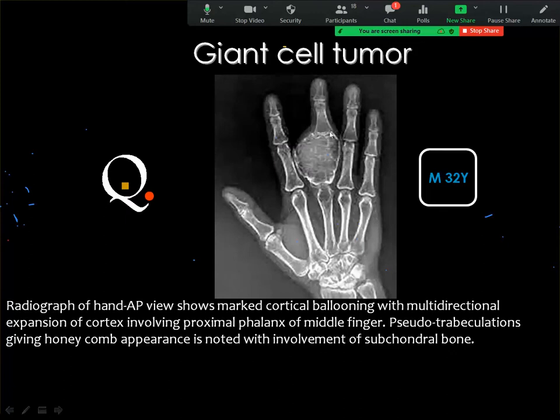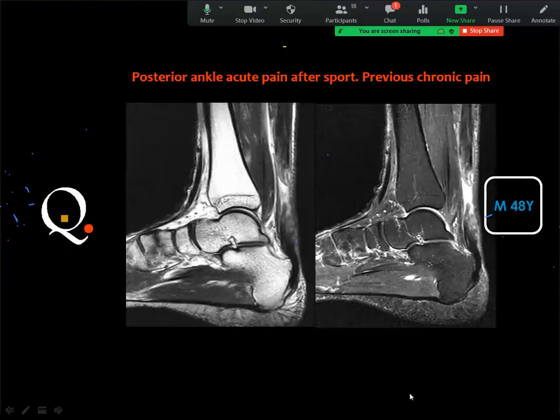The giant cell tumor may contain some trabeculae inside, but actually I went through the literature and I could not find a single criteria that can differentiate between enchondroma and giant cell tumor. So in cases where the age is above the age of epiphyseal closure, then you may consider also giant cell tumor in the differential diagnosis of these tumors in the hand. Next case.